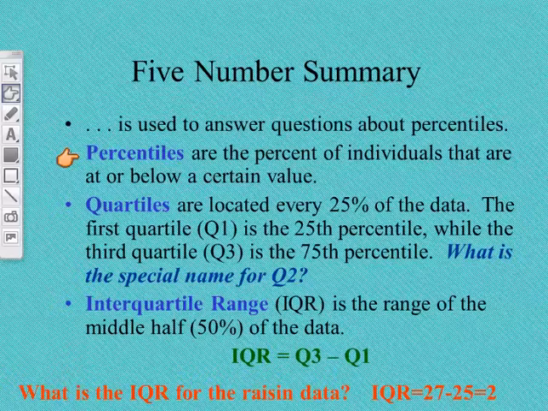Why are we doing this? You've seen this before when you've taken tests and they said you're in the 83rd percentile of the students who take this test. It is something that gives you a specific idea how far you are in the progression of things.